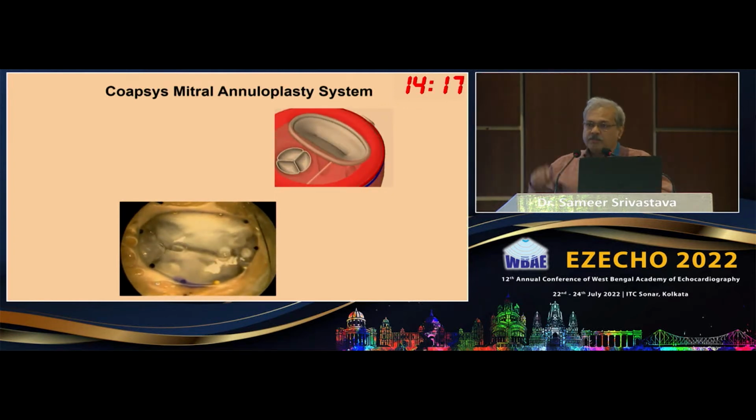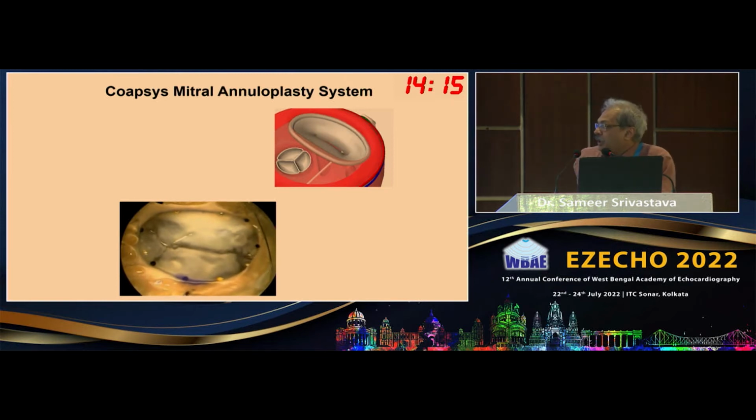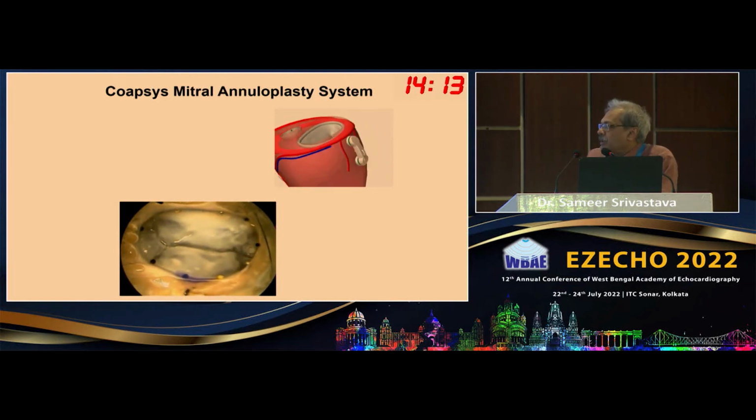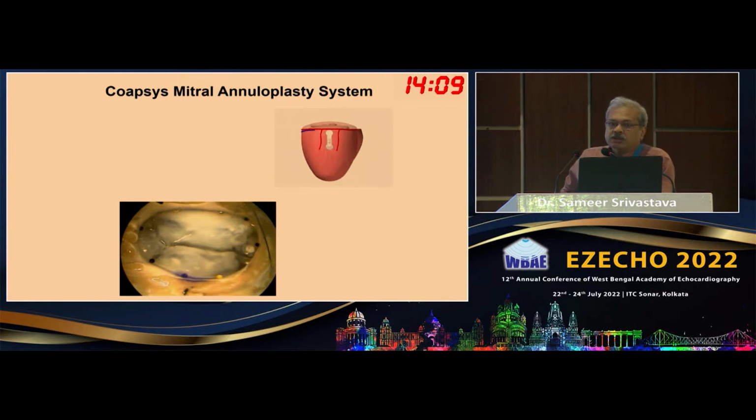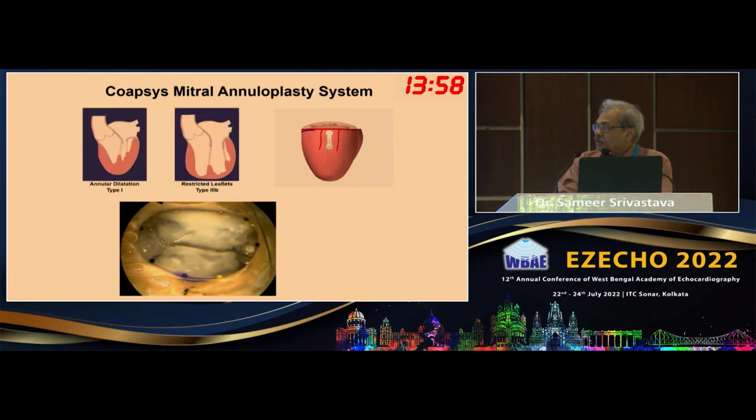So I was a part of this international fraud when we were doing these surgeries, and actually none of the patients compared to the controls survived longer, and actually none of them had a betterment as far as NYHA class was concerned also. Now, this was restricted to these two, type 1 and type 3B.